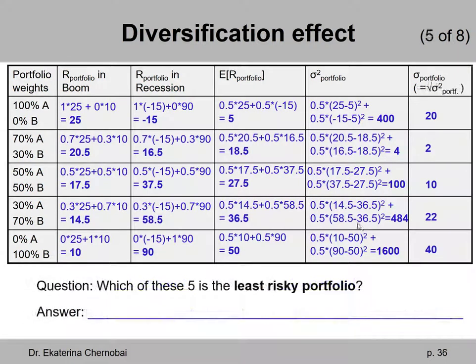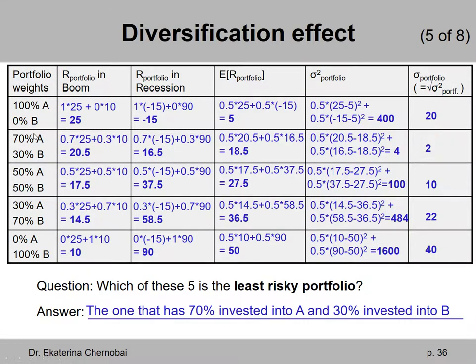Next question. Which of these 5 portfolios, 5 rows in this table, is the least risky portfolio? Kind of obvious, the one with the lowest standard deviation or variance, either way. So the one with 70% in A and 30% in B, the standard deviation is 2, right? This means actually something very interesting, and that's the whole reason why I decided to include this example in my slides.